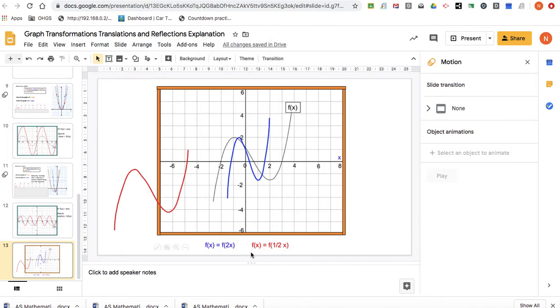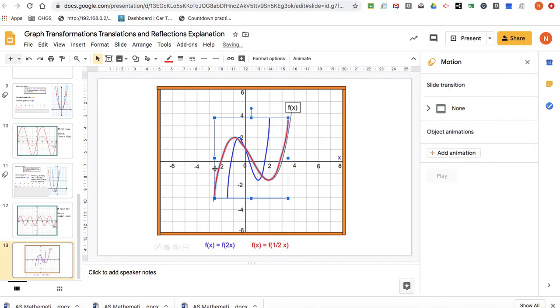Now if I had f of a half x, here what I'm having to do is halve the x value before I put it in. So again, if I overlay it, if I was halving the x value to get minus 2, what I'd have to put in is minus 4.